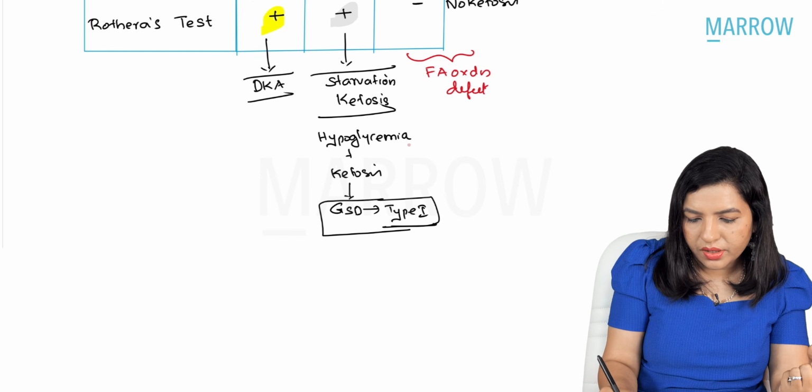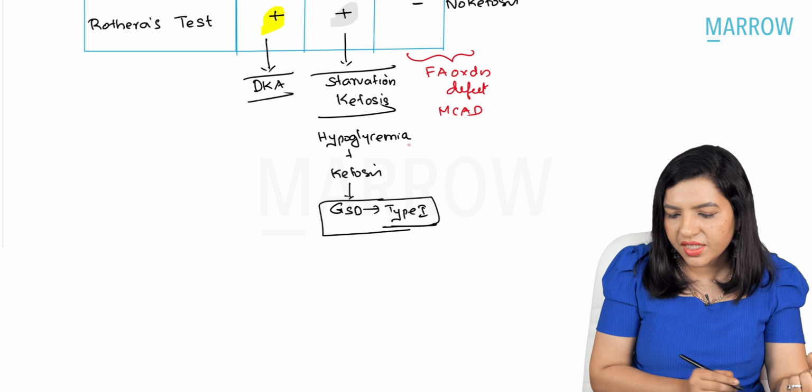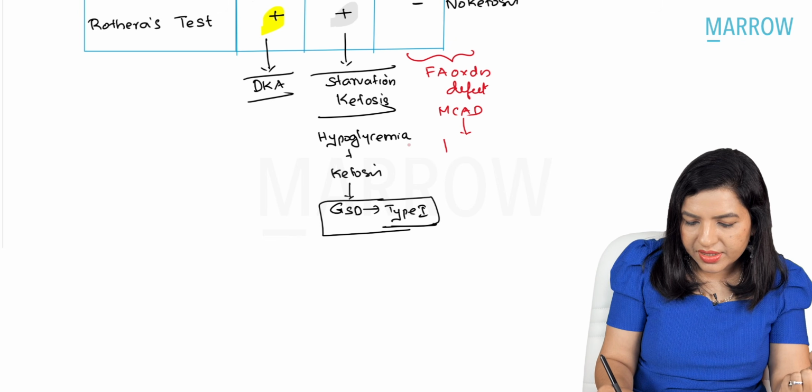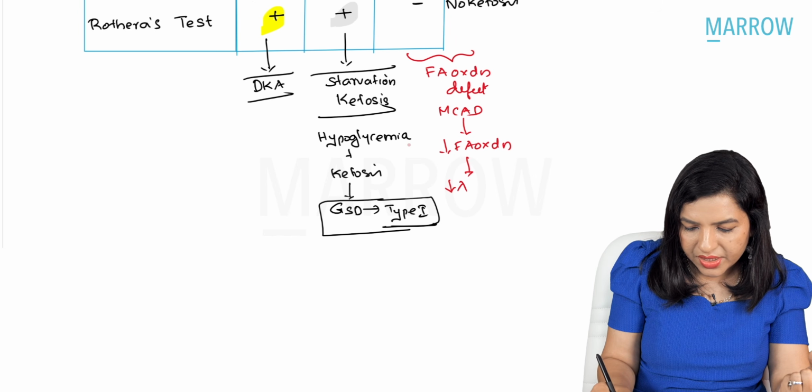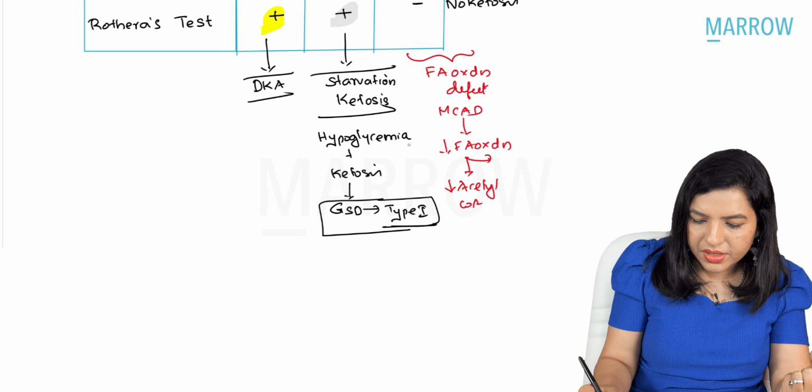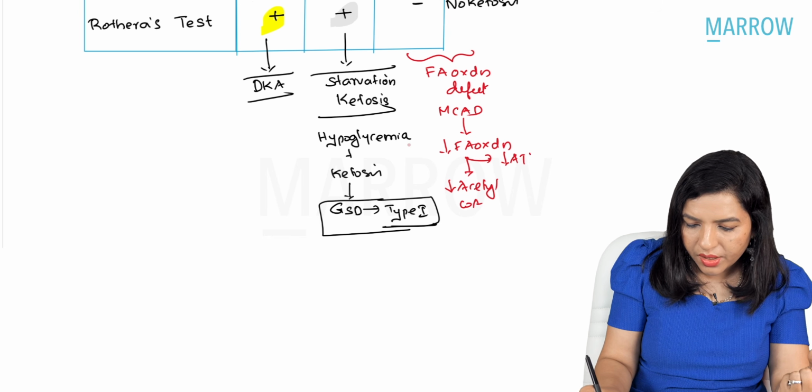For example, medium chain acyl coenzyme A dehydrogenase deficiency, where we know that there is decreased fatty acid oxidation. So, there is decreased acetyl coenzyme A and decreased ATP production.